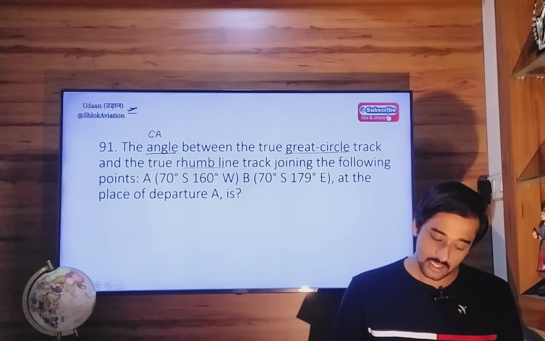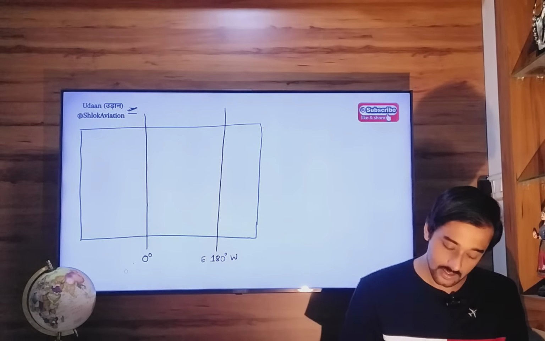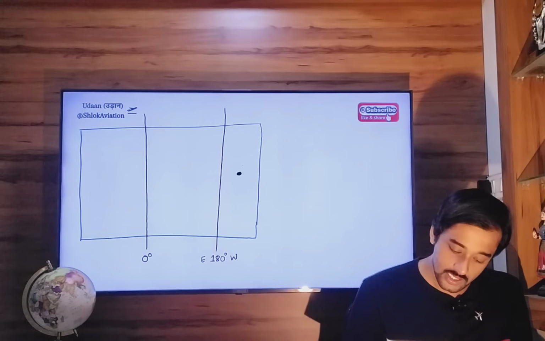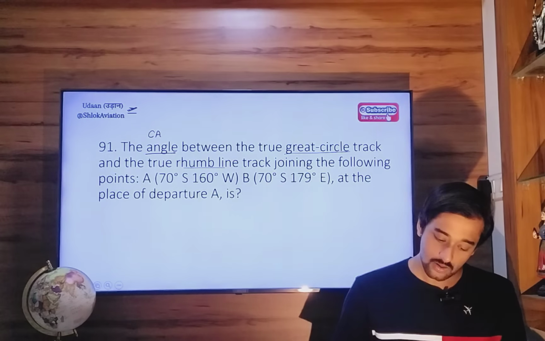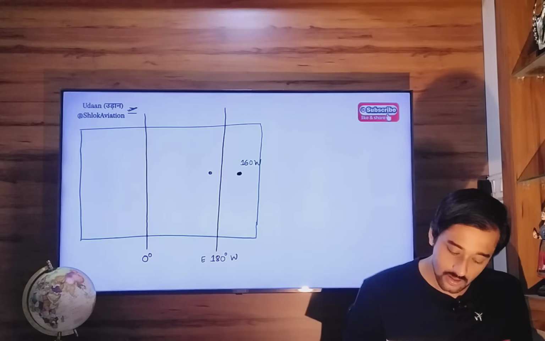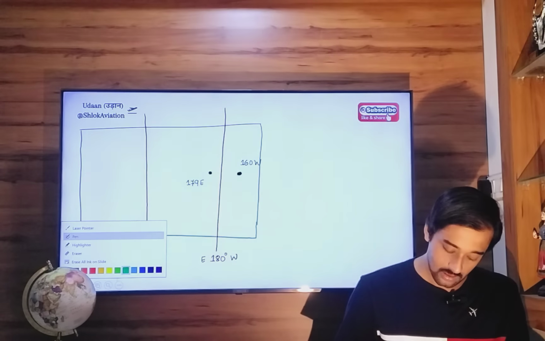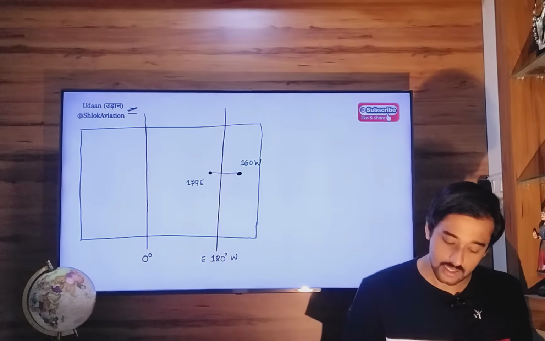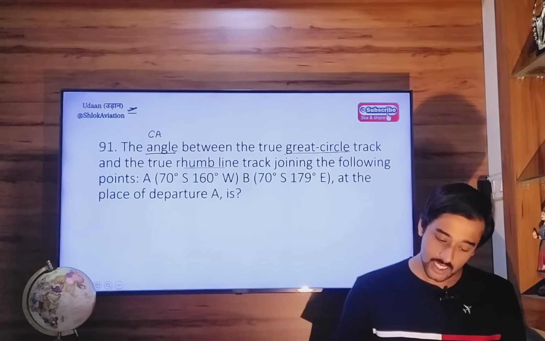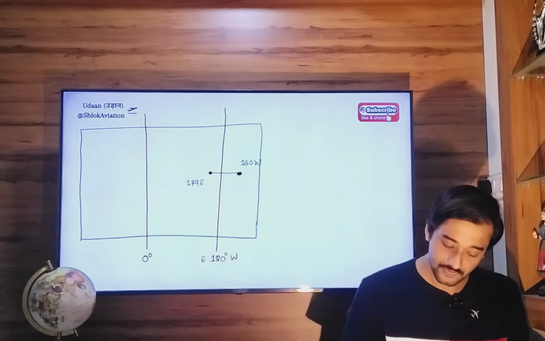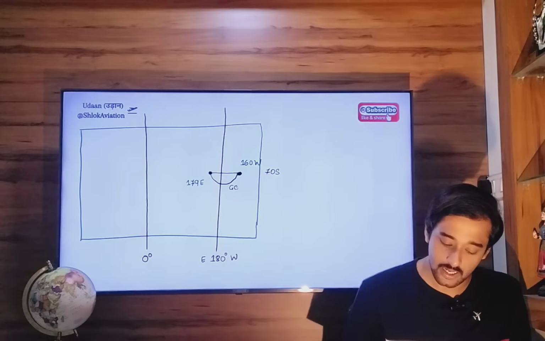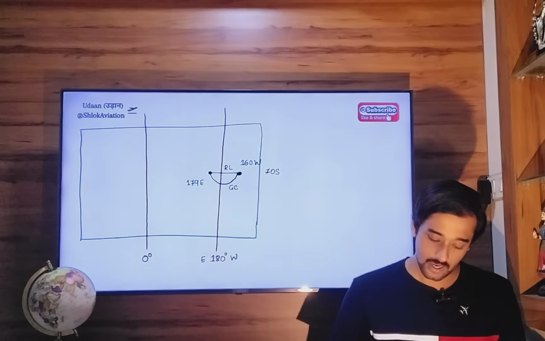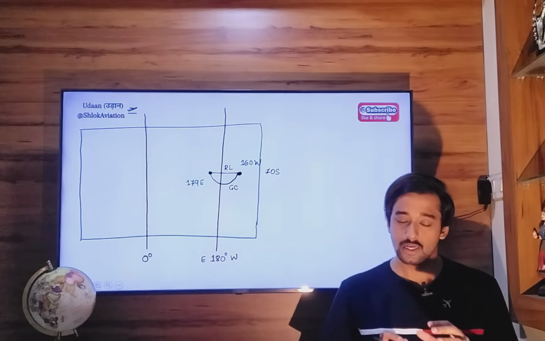So the first location is 70 south, 160 west, and 179 east, like this. And the latitude is 70 south. 70 south means the great circle will pass to the nearest south pole. Okay, so this is how it looks.